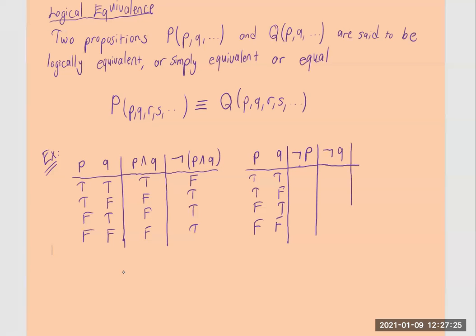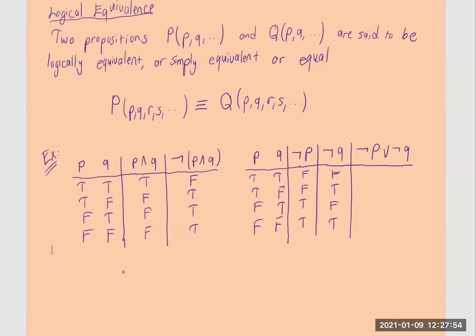So let's write the not P and not Q. Then I will write not P or not Q. Okay, let's write here not P as false, false, true, true, and not Q, false, true, false, true.